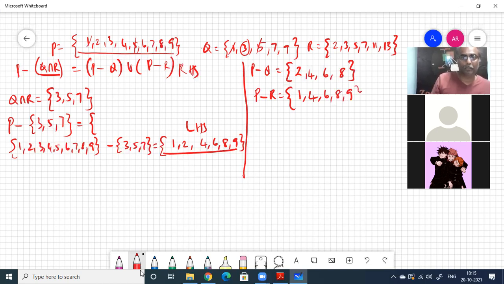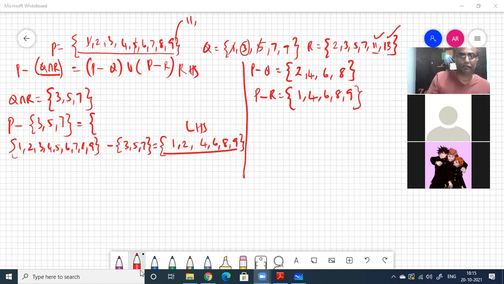No, 11 and 13 are in R. It is not found here. So only from P you have to minus R. So only 8 and 9 will be there. There is no 11 and 13 here.